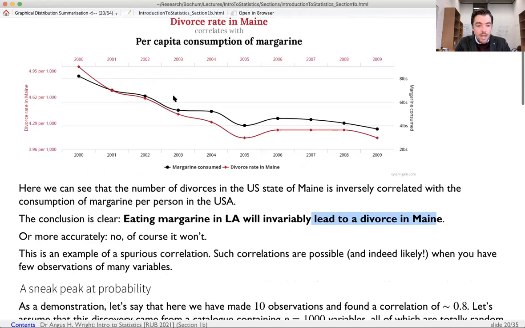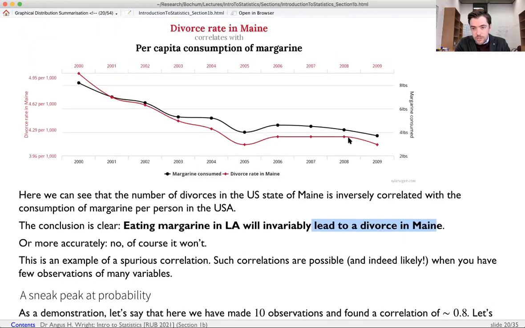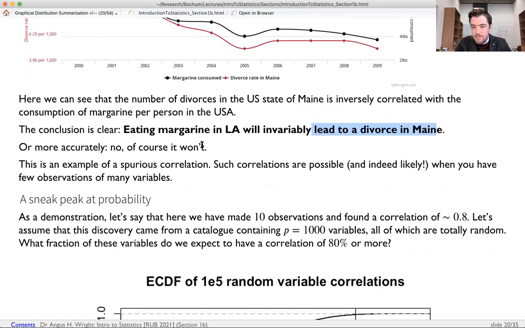There are 10 observations here, right? 2000 through 2009 in both of these data sets. Let's take a rough estimate of how many variables we would have to measure that are perfectly random before we pick up any two variables that are correlated at 80 to 90% or more.